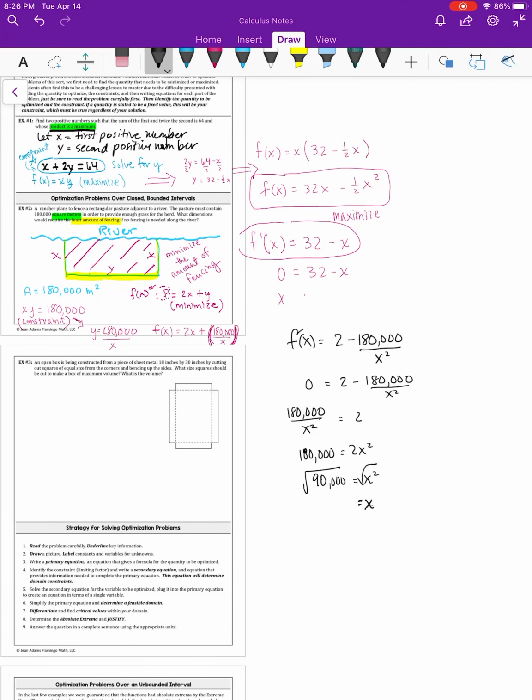We aren't going to put plus or minus because we're talking about a distance here, so it could never be negative. So your x is 300.